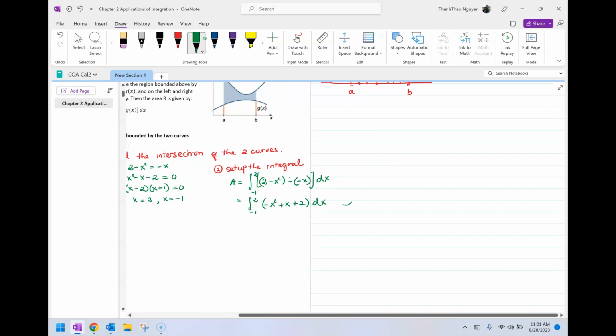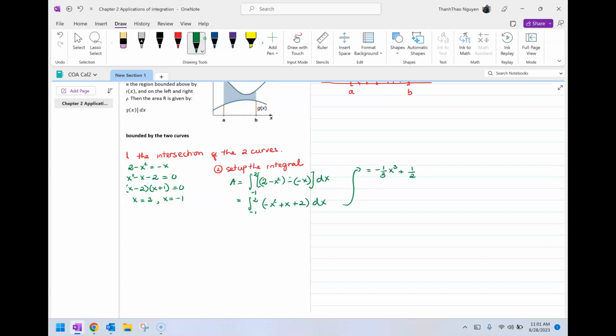And let's evaluate this integral. This is equal to negative 1/3 x to the third plus 1/2 x squared plus 2x. And we want to evaluate this between negative 1 and 2.